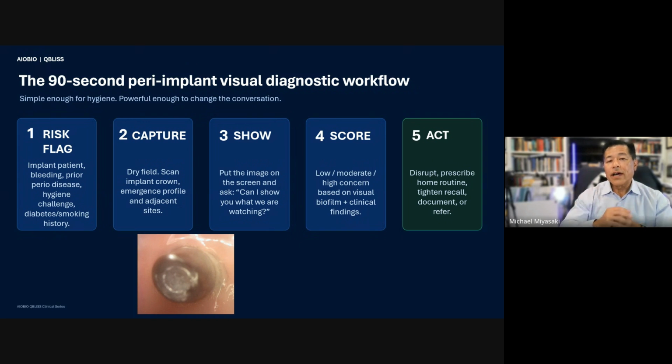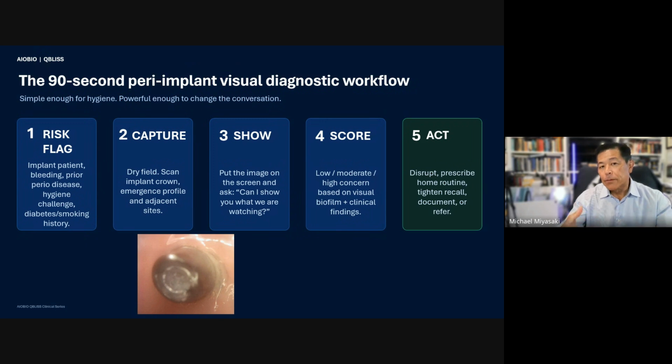And then we can figure out, okay, are they of low, moderate, or high concern based on all the information that we can gather. Maybe we do some probing. Maybe there's bleeding. We have our QBLISS images. And then we decide how to act. What is it that we're going to do? Let's say it's cleaning around the implants or the natural teeth. We're disrupting that biofilm.